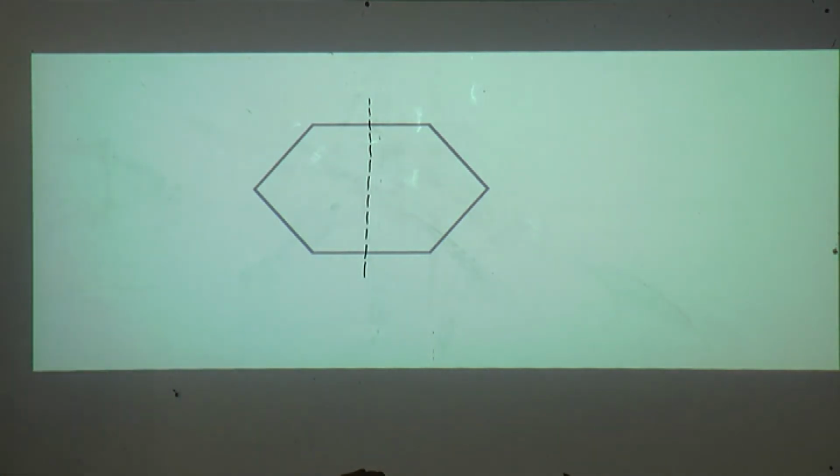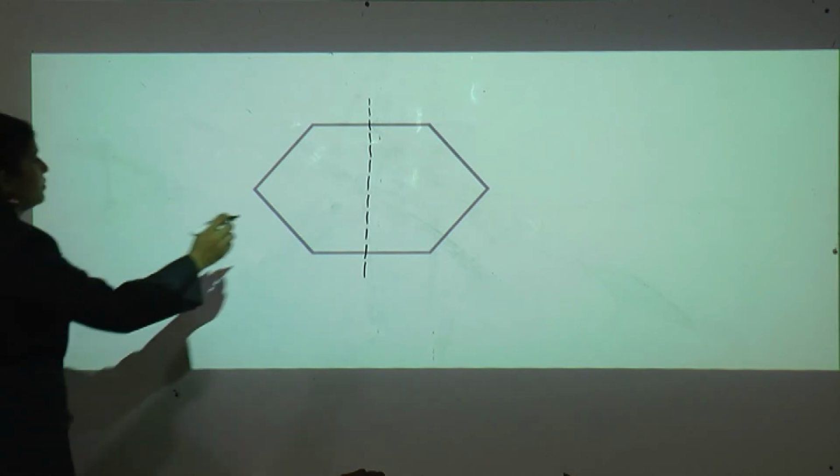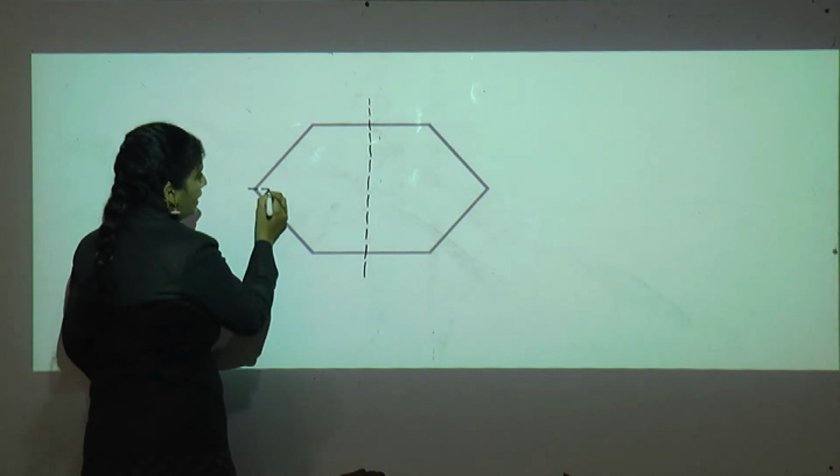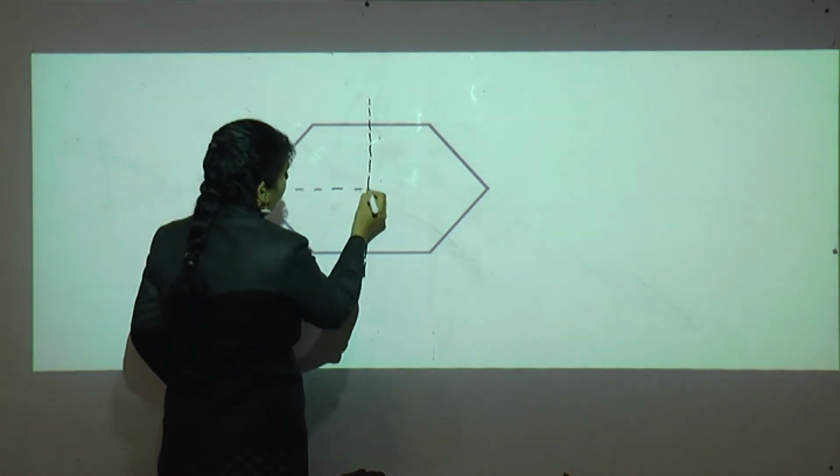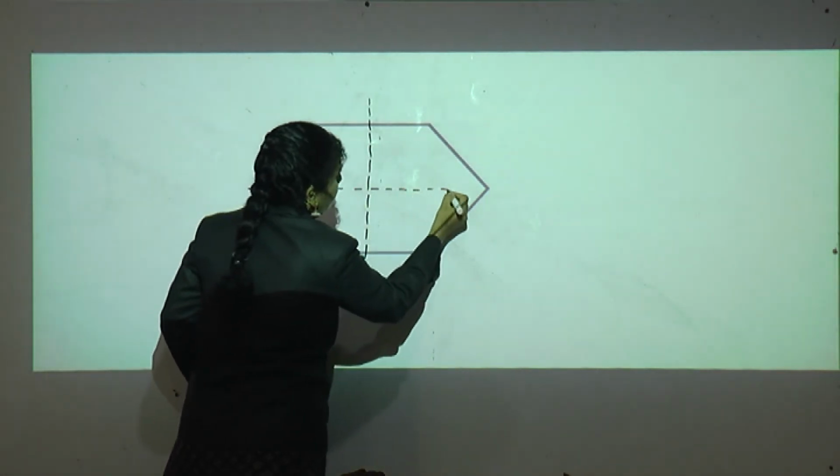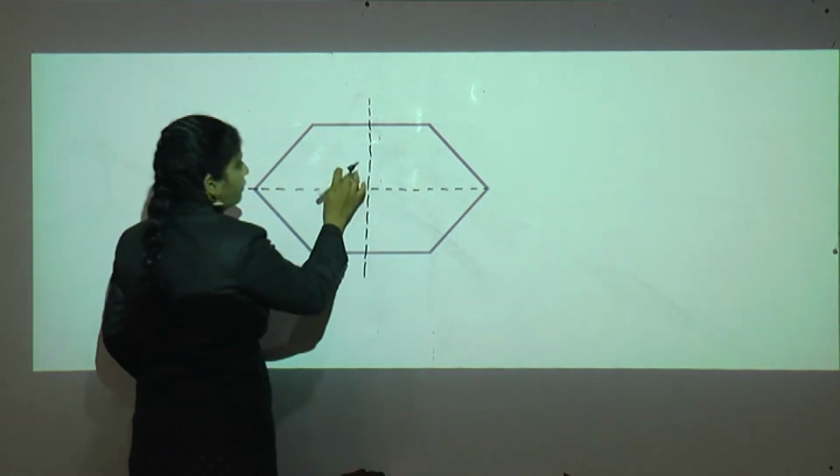That means when we overlap this figure, then it will get two equal parts. Now students, see, if I draw the horizontal line, then also I will get two equal parts.